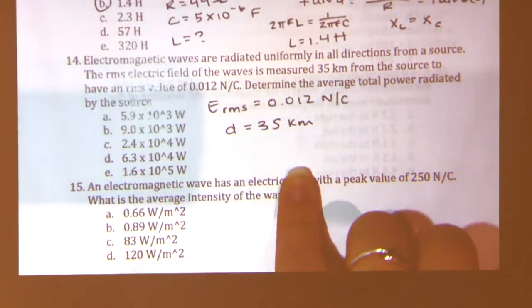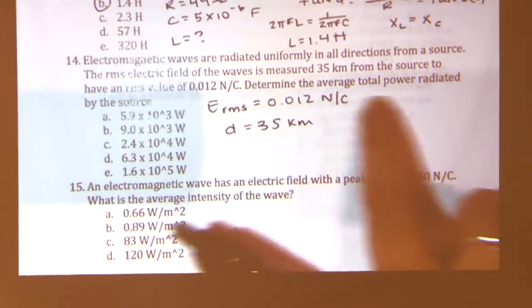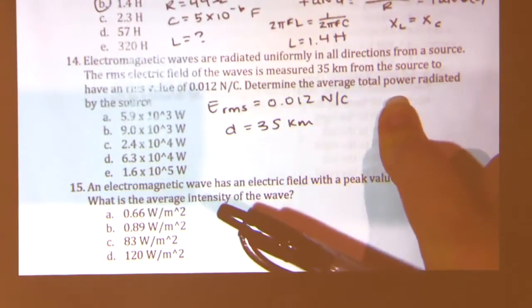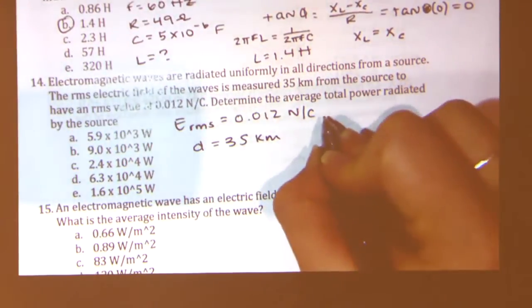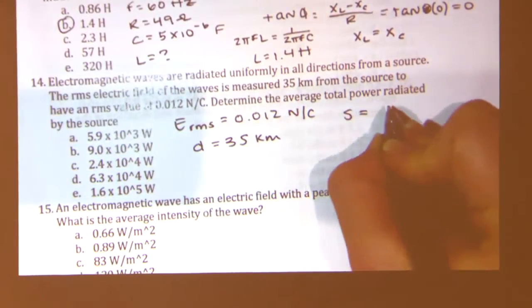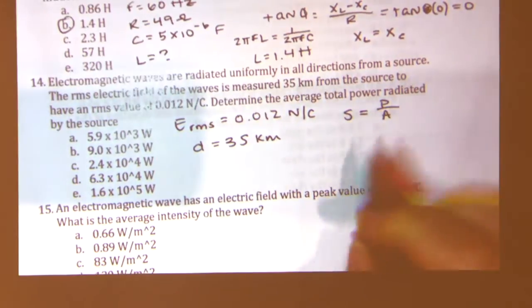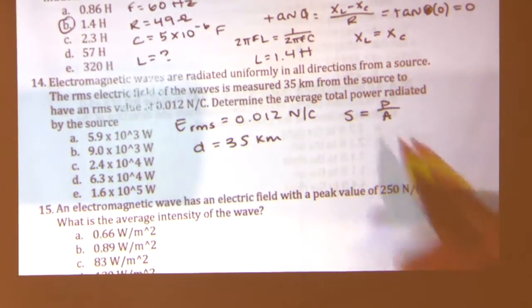So first, what is it asking? Determine the average total power radiated by the source. So we know that we have the formula S is equal to P over A. So intensity is equal to power over area.